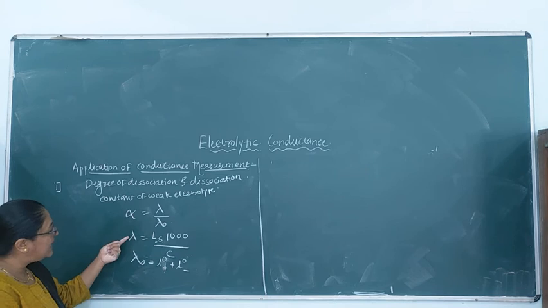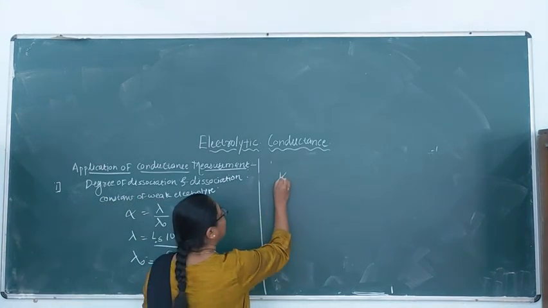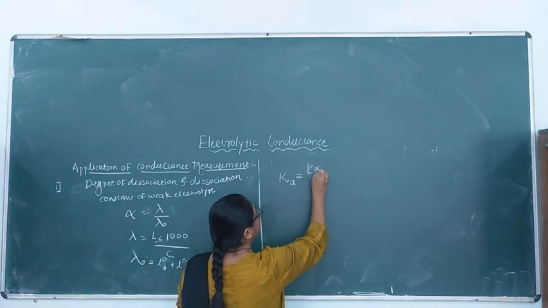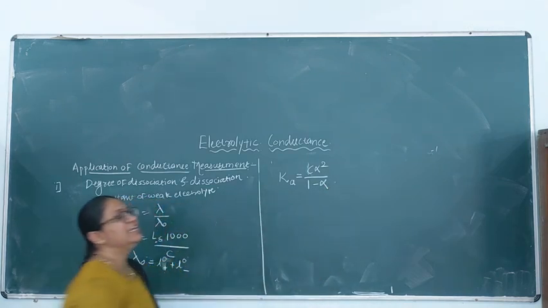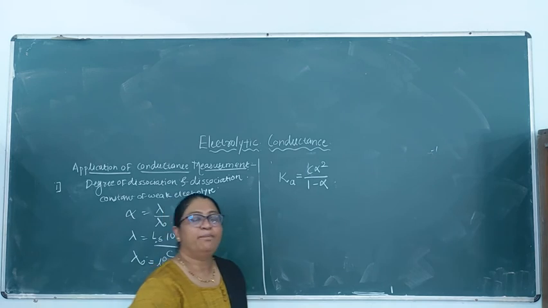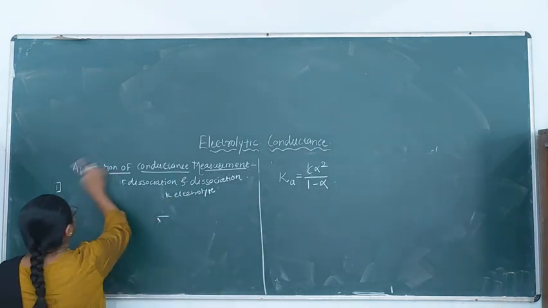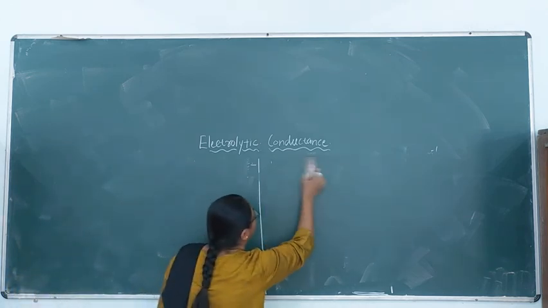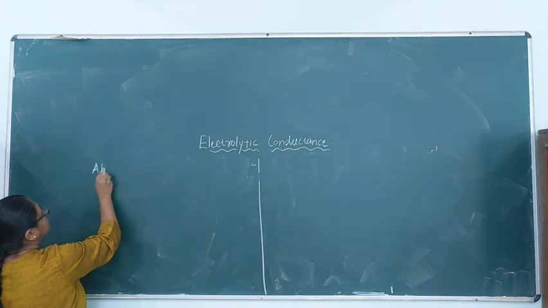So by knowing lambda and lambda 0 we can calculate alpha, and from alpha you can calculate the dissociation constant of that acid as C alpha square divided by 1 minus alpha. By using this relation we can calculate the dissociation constant. So these were the applications of the conductivity measurements. Now the next point we are moving to is absolute velocities of the ion.